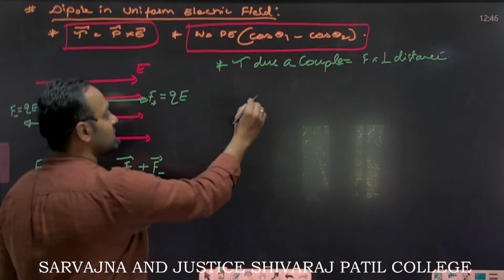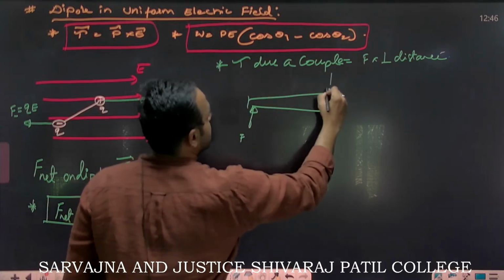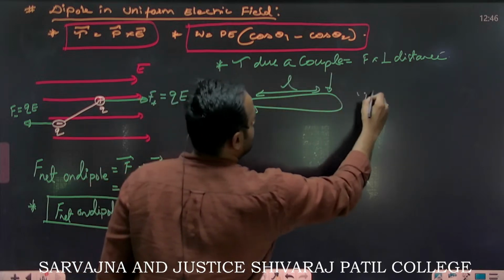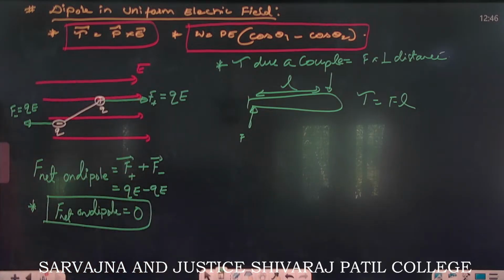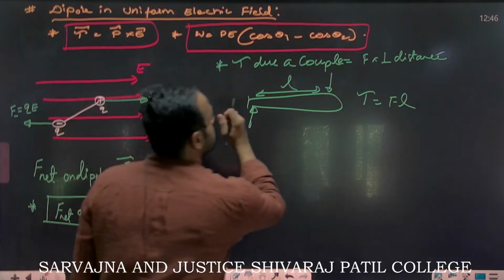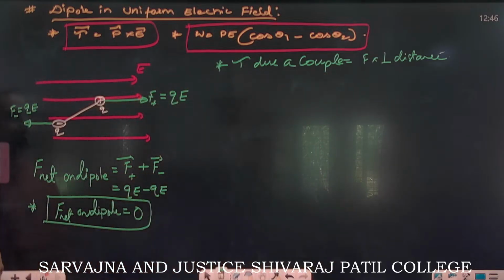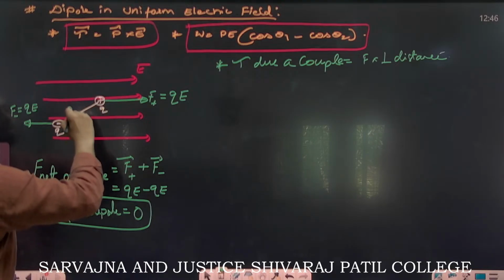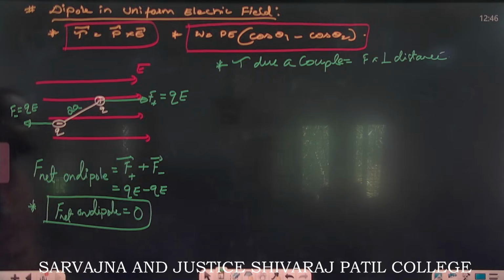So how do we calculate the torque? If you have this force F, and the perpendicular distance between the two is L, then simply torque is equal to F into L. In this case, let's say this length is 2a.